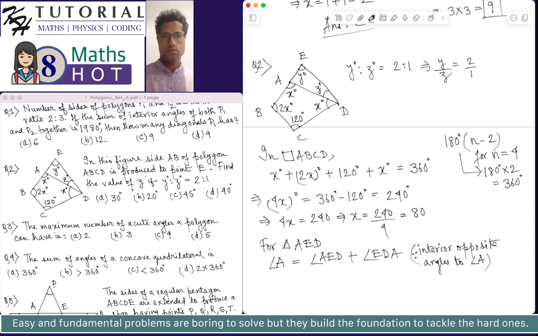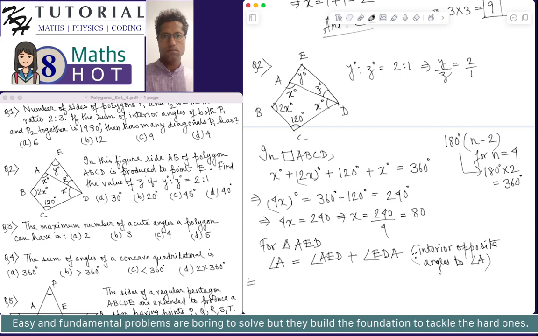We know that in a triangle, an exterior angle is equal to the sum of its two opposite interior angles. So for the triangle AED, the angle A of the quadrilateral ABCD is an exterior angle to the triangle AED, and its two interior opposite angles are angle AED and angle EDA.